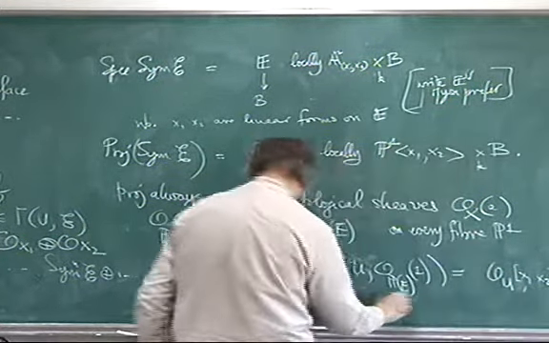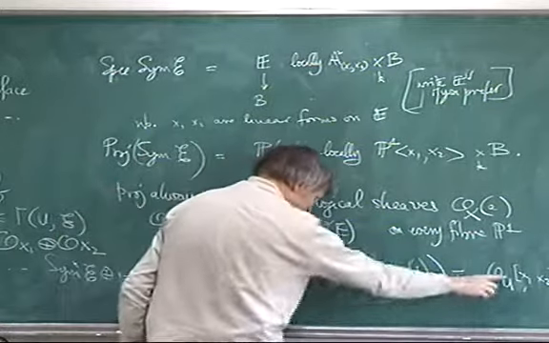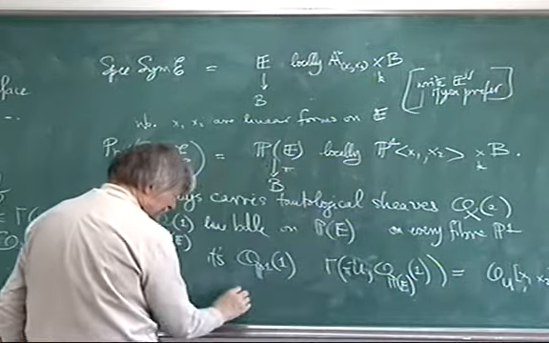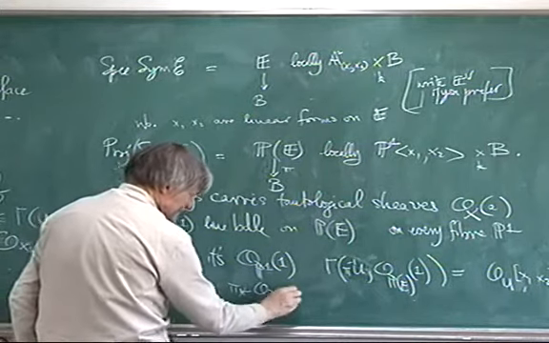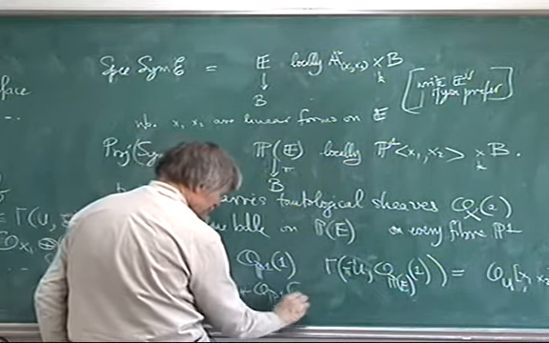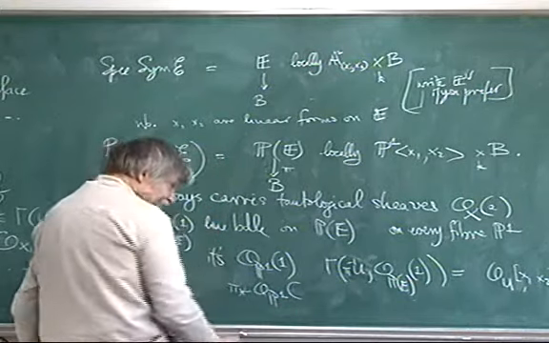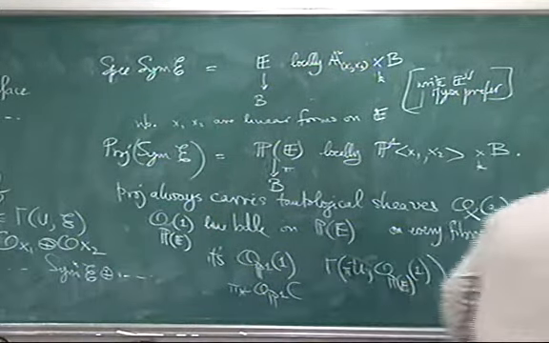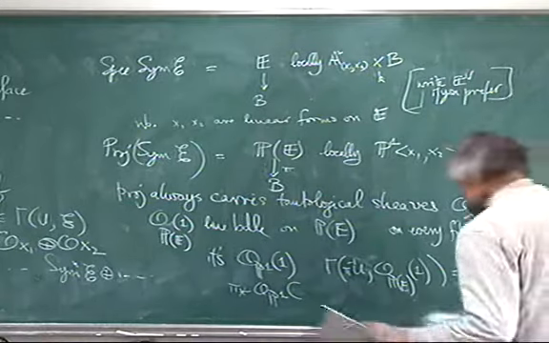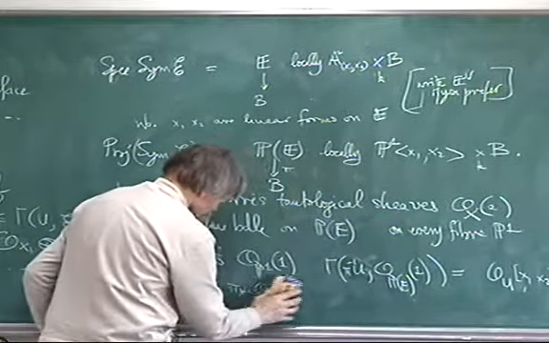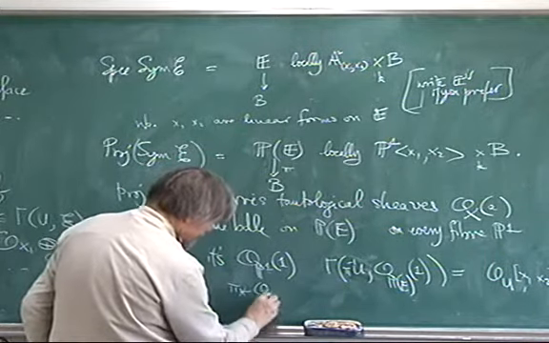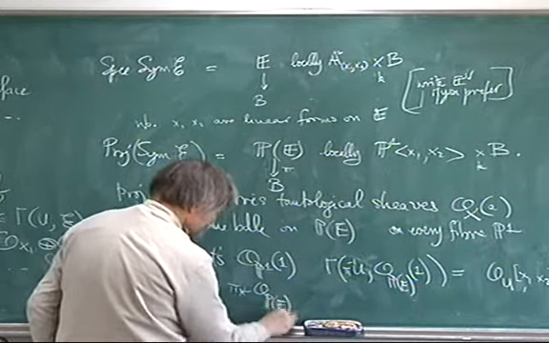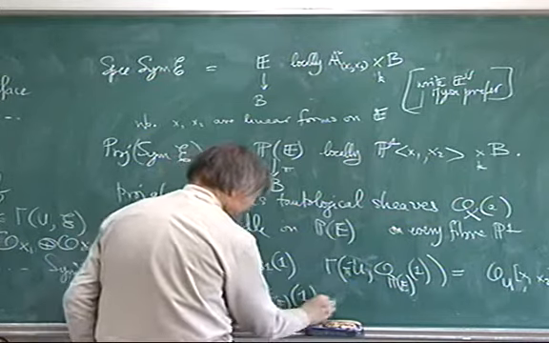Right? So saying this for all open sets U is just the same thing as saying that pi lower star of O_P(E)(1) is E.